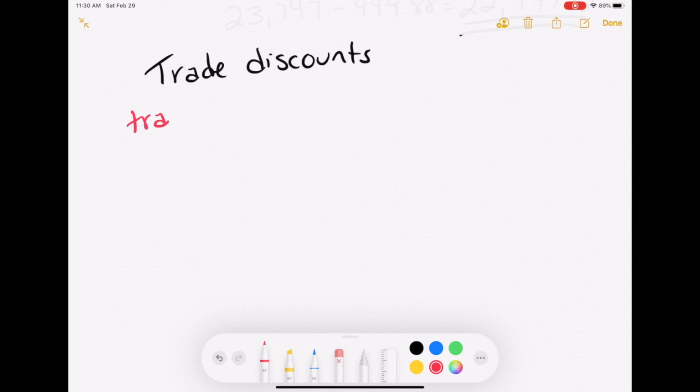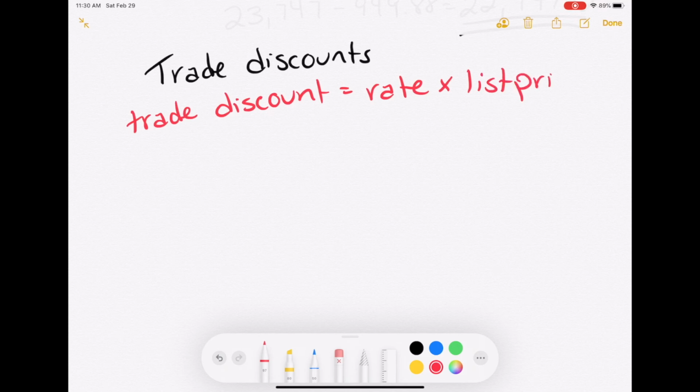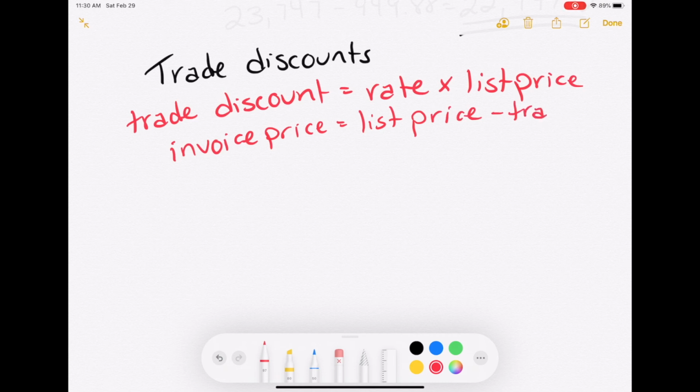So trade discount equals the rate times the list price, and then the invoice price equals the list price minus the trade discount.